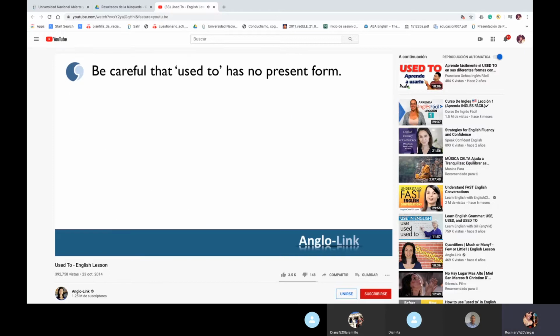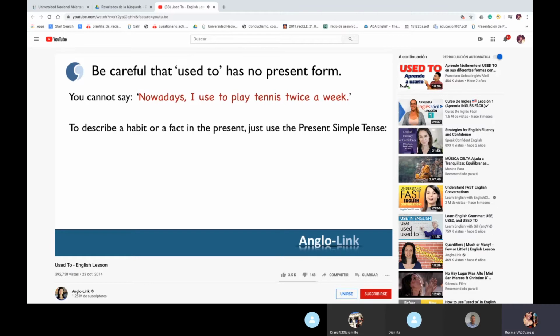Right, be careful that used to has no present form. You cannot say, nowadays I used to play tennis twice a week. To describe a habit or a fact in the present, just use the present simple tense. Nowadays, I play tennis twice a week.